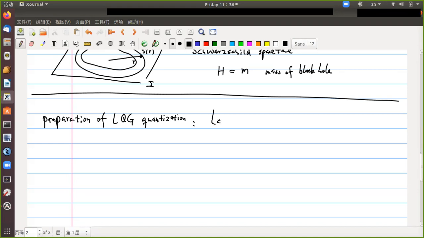It is a lattice regularization, a lattice discretization of your smooth fields, the Ashtekar connection and the densitized flux.